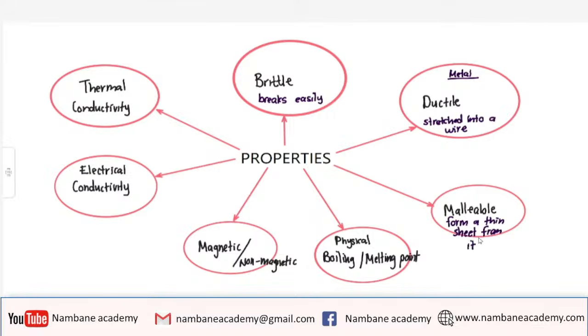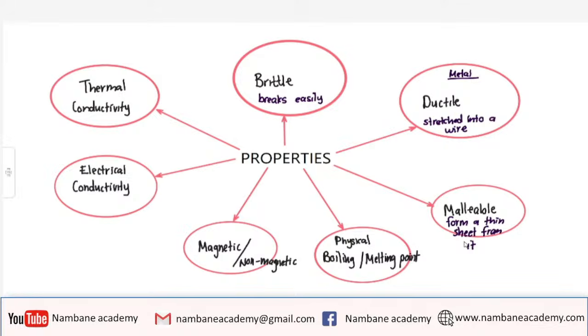And that sheet, you can use it for different things. For example, the door of a car, or you can cut out circles from it, maybe forming coins, whatever it is. So both of them are subjected to some sort of stress, but ductility is where it forms into a wire or rod. Malleability is when it's a flat sheet that you can use, for example, the roof of a house, the side of the car, doors, or something along those lines. You can still then make or cut out, make tins out of it, stuff like that, okay?